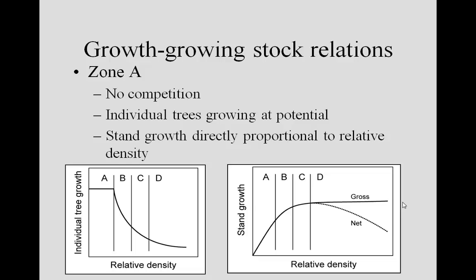And we've picked a particular species that we're going to plant to do this spacing trial. We're going to plant this all at the same time, so we are holding species, site, and age constant in this hypothetical experiment.